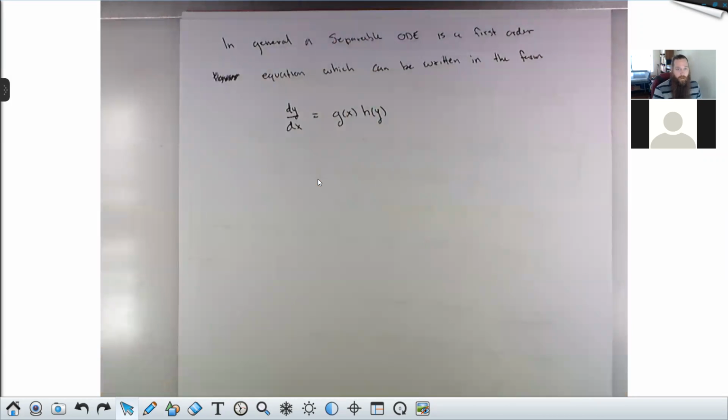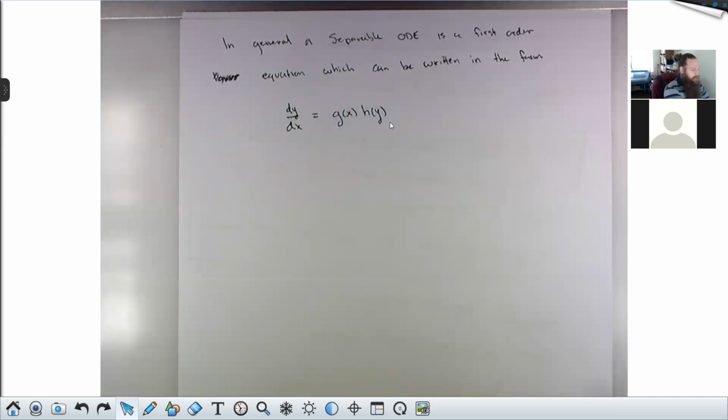So remember, your general first order equation is dy dx equals f of x, y. And that f of x, y, that right-hand side, sometimes you can split that up into a pure function of x times a pure function of y. Not always, but sometimes. And if you can, then that equation is called a separable equation.